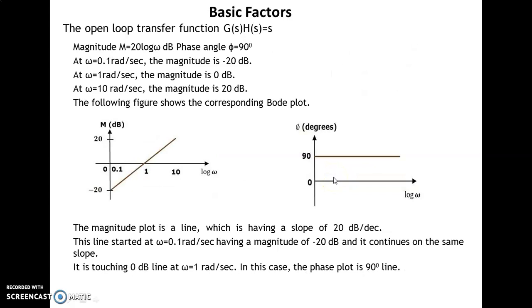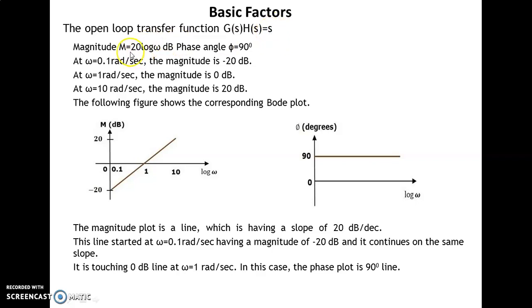Coming to the second factor, the s term, that is in the numerator. In a similar way, you can take 1 by s also, where the s term is in the denominator. After substituting s equal to j omega, you will get 0 plus j omega.